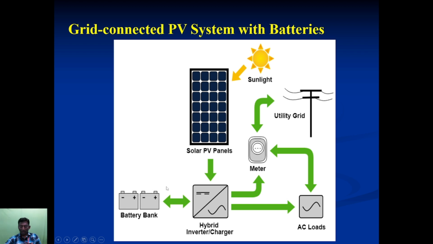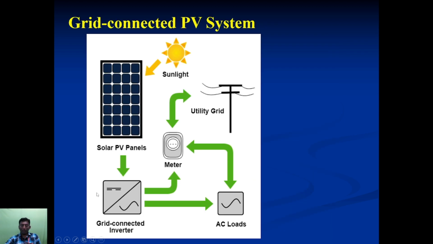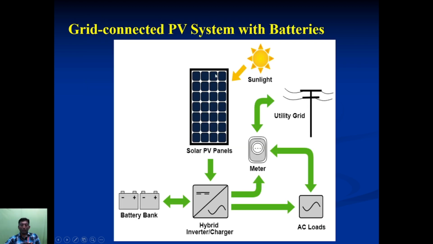In the previous slide, there was no battery bank, so during the unavailability of sunlight, the one and only possibility to satisfy the AC load was through the grid. In this case, during the unavailability of sunlight, the electricity stored inside the battery is utilized through the inverter to the AC load.